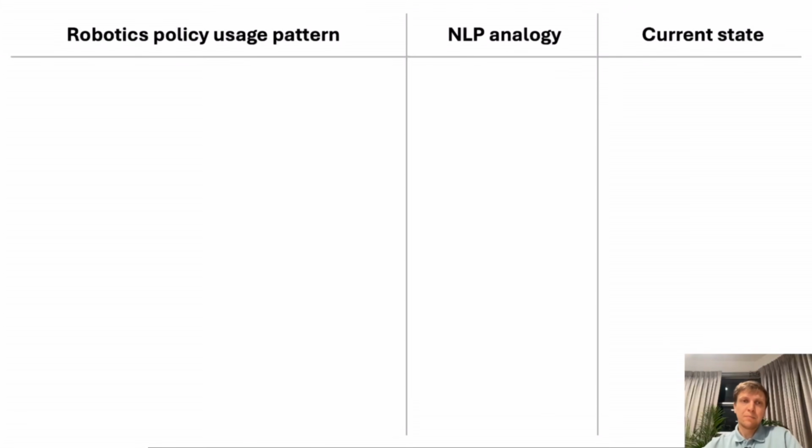But I want to talk about a different thing: how these VLAs actually change the policy usage pattern, how they bring this concept of fine-tuning to robotics, and what is the analogy in the NLP area, where similar changes happened in the last, let's say, 10 years or so.